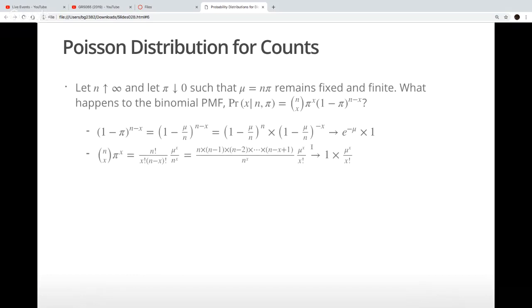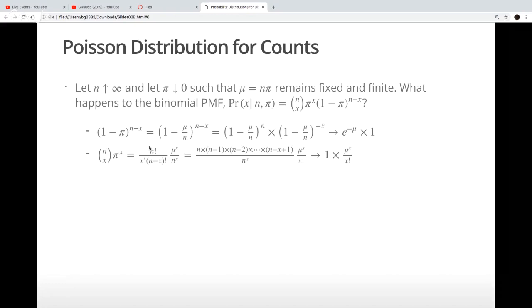Then the other piece, n choose x times pi to the x. Well, we can substitute mu divided by n for pi, because that remains fixed. And then we can take the n to the x, move it over there, take the x factorial, move it over here. So we just have to deal with n factorial divided by (n minus x) factorial. n factorial is n times n minus 1 times n minus 2, etc., and then it gets to n minus x, and then n minus x minus 1, n minus x minus 2.